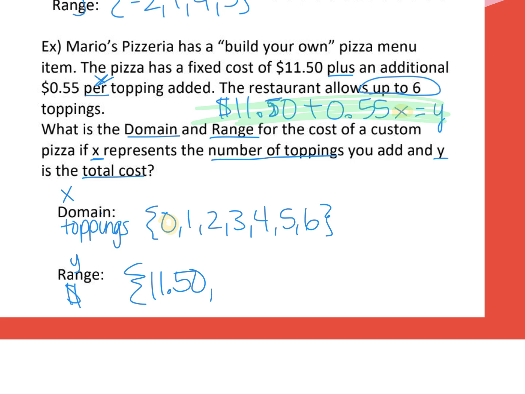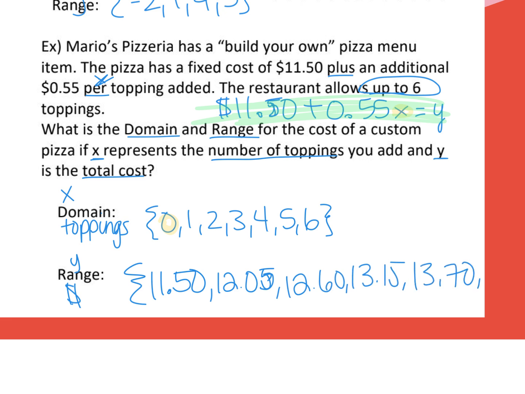So you would see for 0 toppings, $11.50, 1, $12.05, $12.60. So we're just going up by 55 cents for each topping. 5 toppings is $14.25, and then $14.80. So that is domain and range.